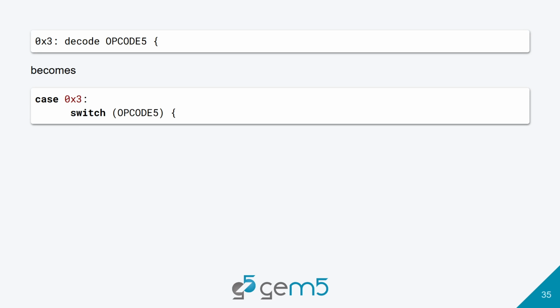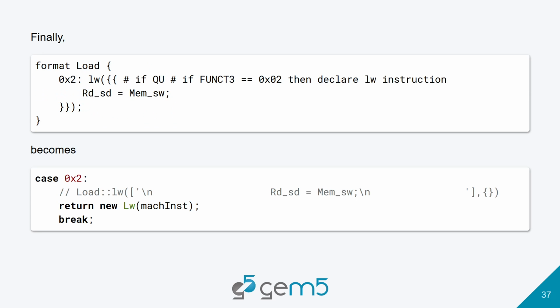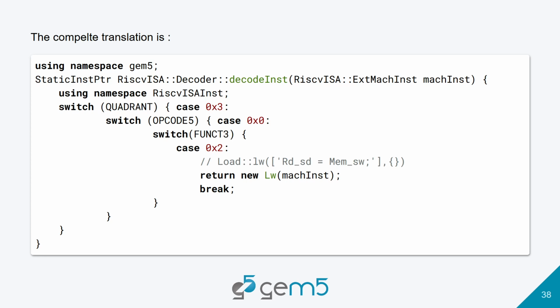Case 3, decode opcode 5, becomes this. We're saying, in the case 03, switch opcode 5. Similar story here. And finally this. So the complete translation becomes this. It's just a series of switch statements, which is actually quite simple. And I hope you see how this all fits together.